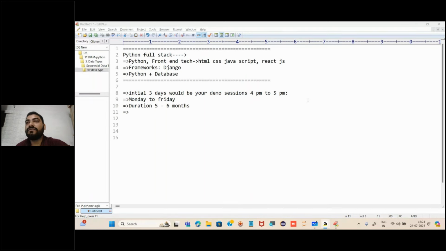Second, there will be a lab session. Lab session is mandatory to attend for online and offline. This also would be the hybrid mode. For online, we will decide the slot, 1 hour or 2 hour of slot. There you have to join the meeting link, attend the meeting, and clear the doubt over there only.